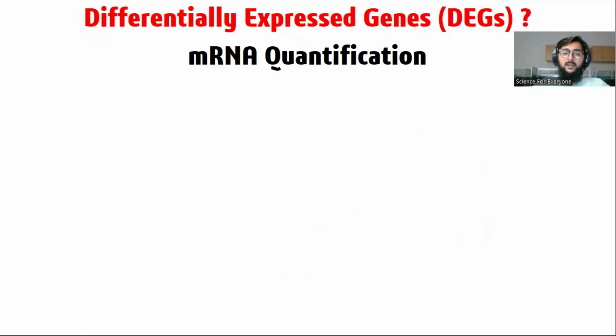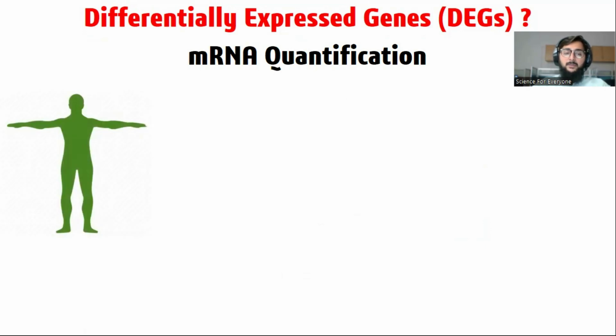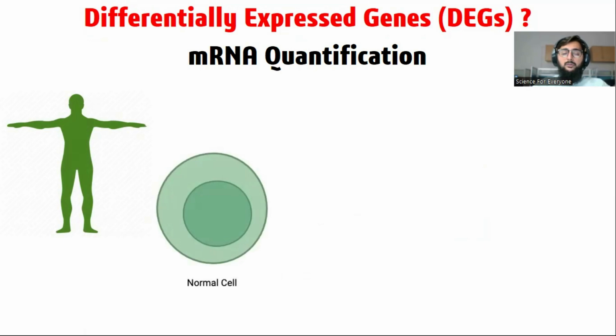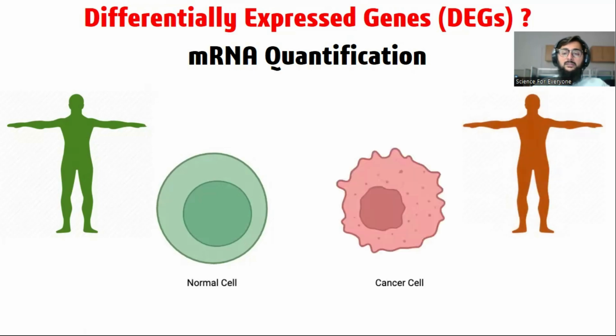Now, messenger RNA quantification. There is a concept that, for example, we have a normal person, the normal cell or the normal tissue, and we quantify the content of messenger RNA inside this normal cell or normal tissue. The same is the case with a cancer person. For example, from his or her tissue, we quantify the messenger RNA.